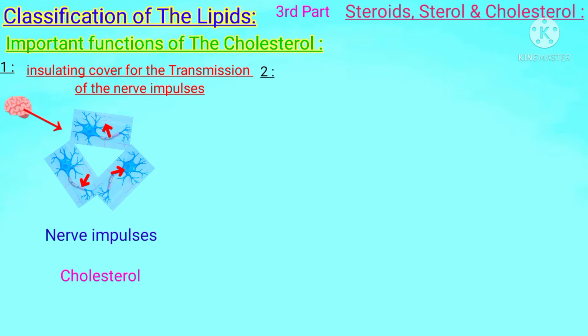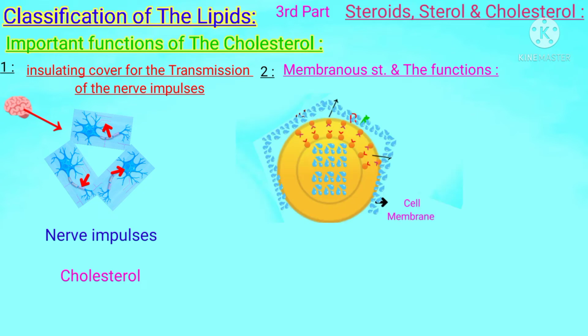Second is related to the membranous structure and its functions. Students, this point is very important, as we have known that cholesterol is present in our cell membrane. Suppose this is our cell which has a double lipid layer, which is called a bilayer. As I described in the previous video lecture, in the cell membrane special lipids are present in large amount, which we named phospholipids, which have head and tail regions.